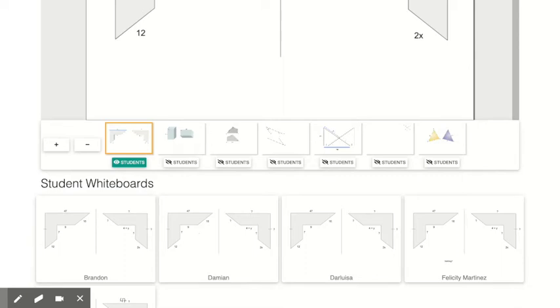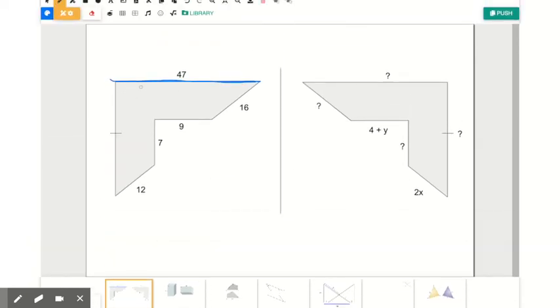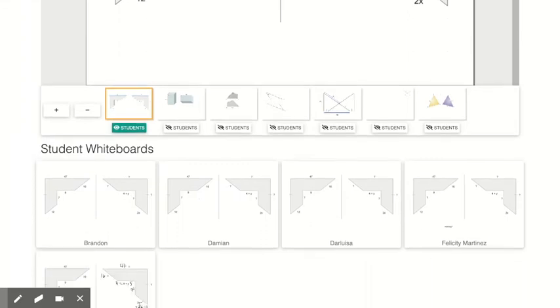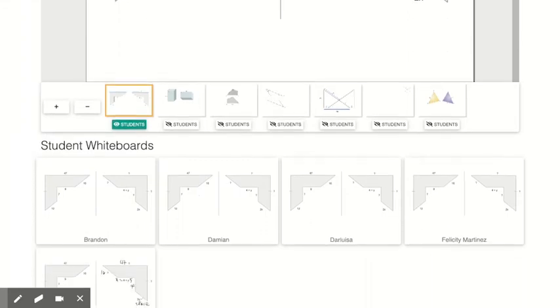If the top is 47, and that 47 was then flipped onto this side, what would this length be? That's what we're asking. If this feels a little tricky, this is not a trick problem. This is just a straight up, fill it out, what do you think type of problem.